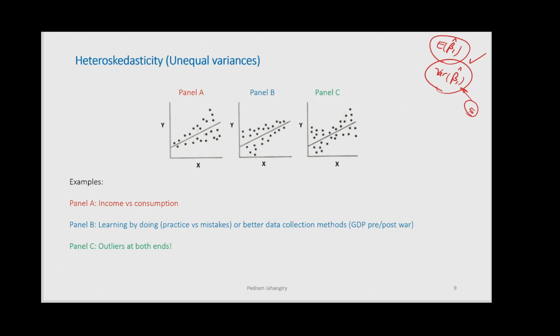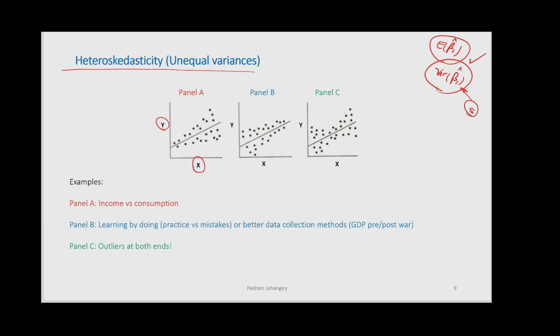In order to define homoscedasticity, let's first see what is heteroskedasticity. If it is hard for you to pronounce it, just give it a try. Heteroskedasticity. It means unequal variances. So what does unequal variances mean? Look at that. We're talking about conditional variance here. This is y, this is x.